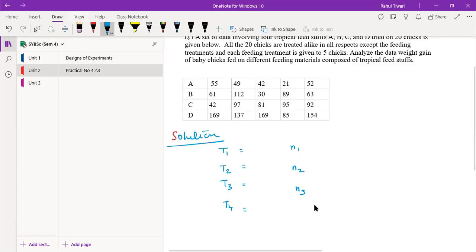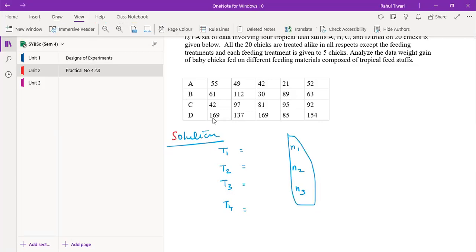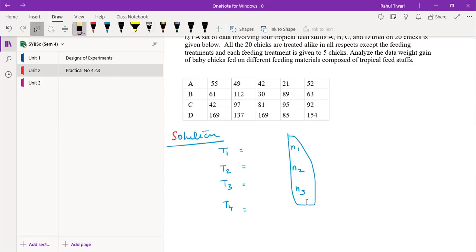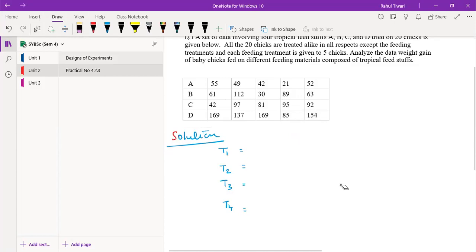So one can use that way. So how many treatments do we have? R1, R2, R3, R4. So how many R we have here? I will say K. K will be 4 because we have 4 treatments.